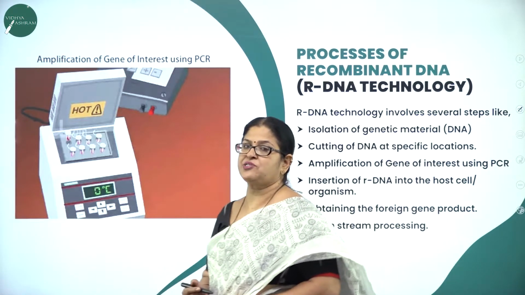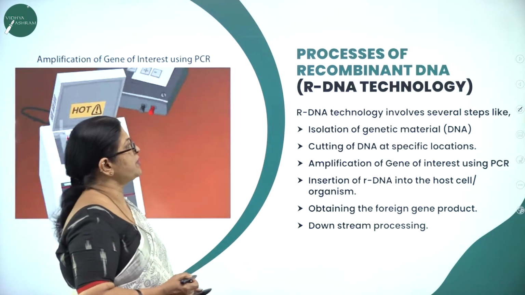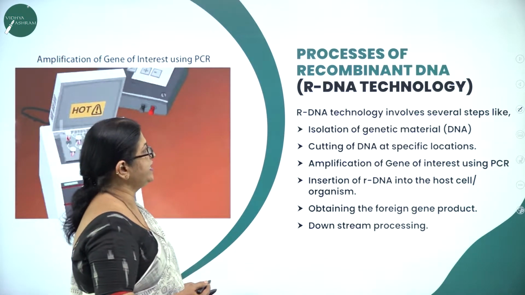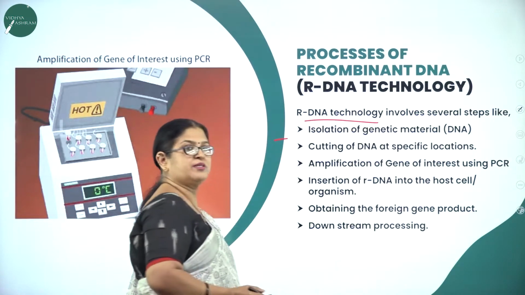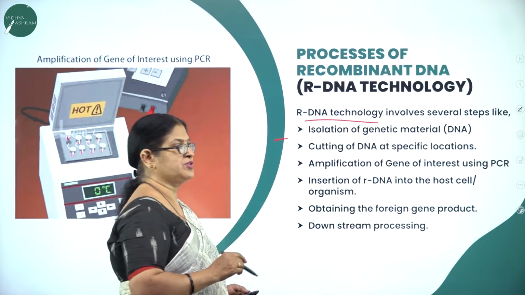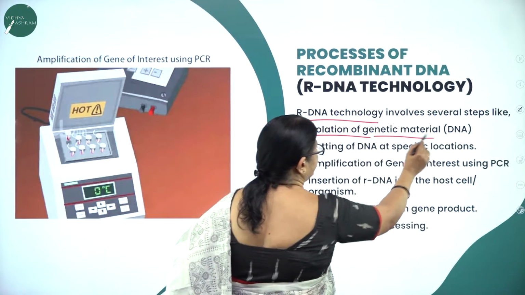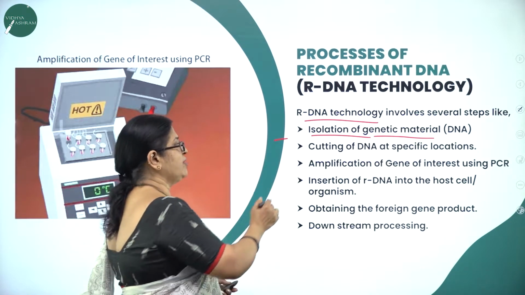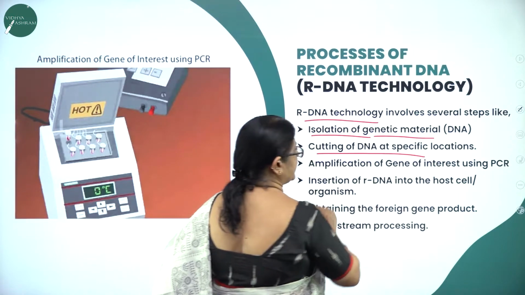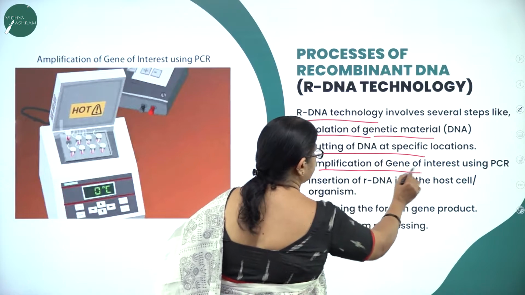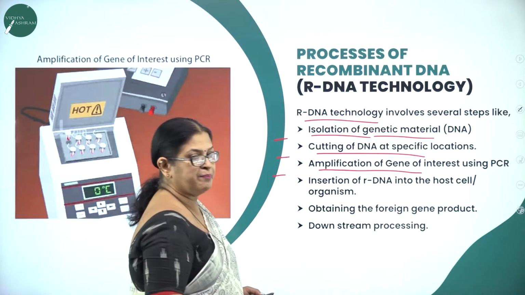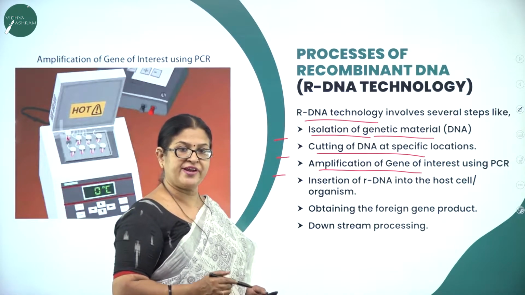What is the first step involved in the process of recombinant DNA technology? As we know, it involves many steps. The first and foremost step is isolation of genetic material. Then cutting of DNA at specific sites or locations. Third, amplification of the gene of interest using PCR, polymerase chain reaction.